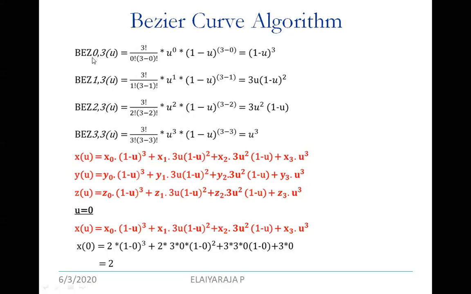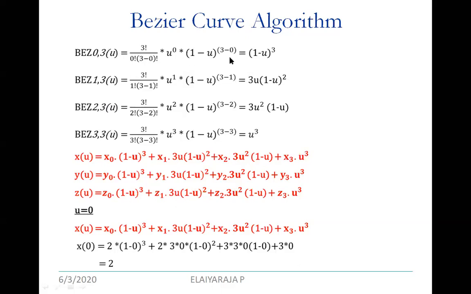So initially it is 0 comma 3, then 1 comma 3, then 2 comma 3, then 3 comma 3. Okay, and here, initial 0 comma 3: n factorial divided by k factorial times n minus k factorial, multiplied with u power k, multiplied with 1 minus u power n minus k.